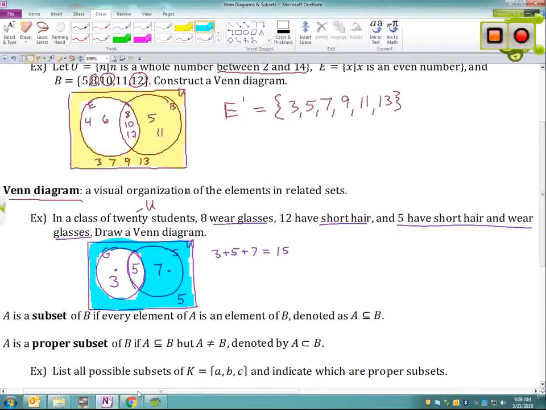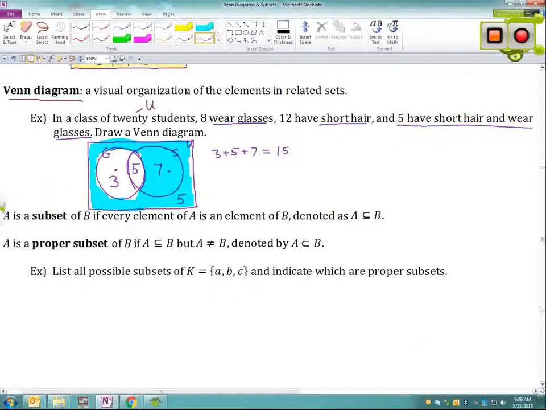Next, some more terminology. Subsets. Set A is a subset of set B if every element of A is an element of B. Okay? So everything that is in A is also in B. And if that is true, then we say A is a subset of B. So this symbol right here means is a subset.